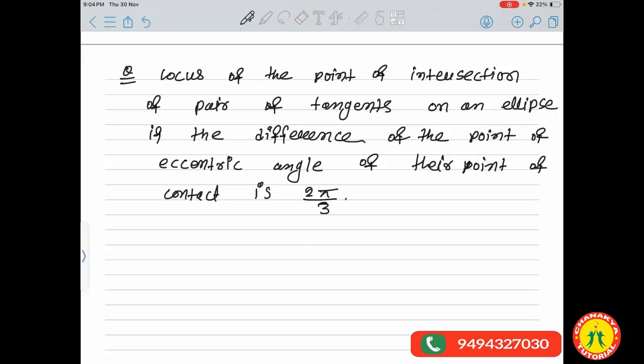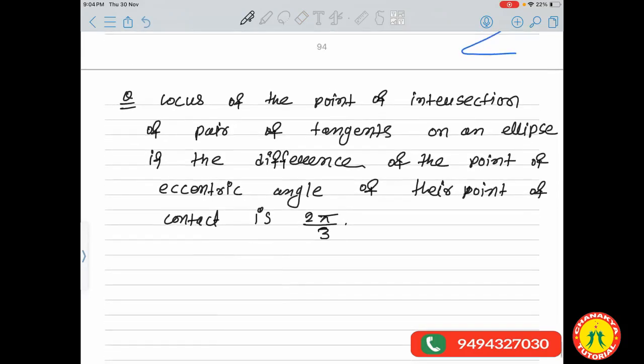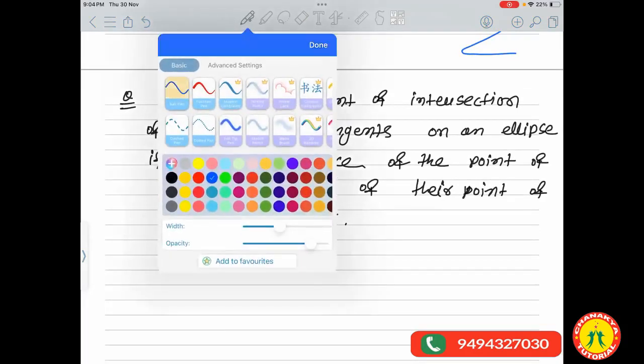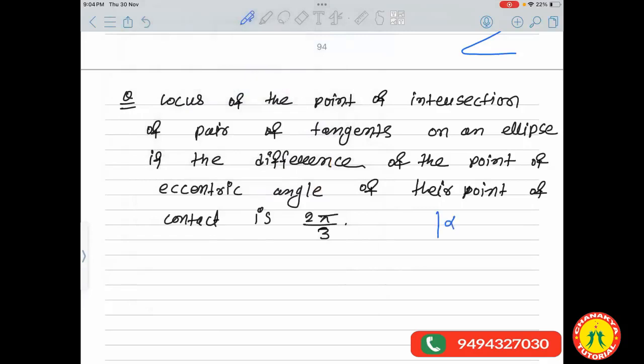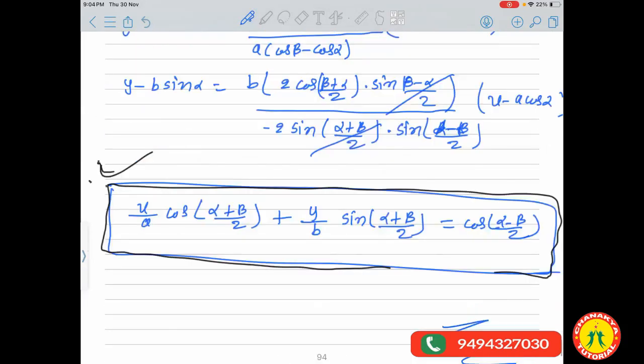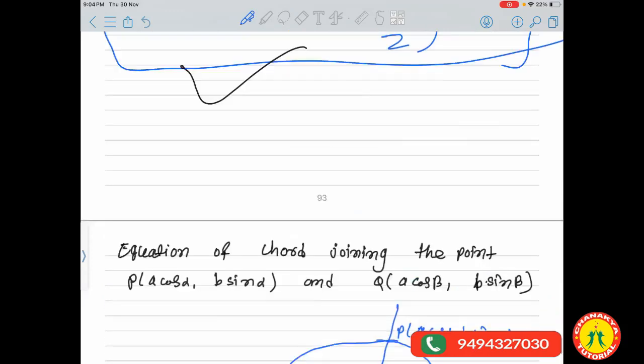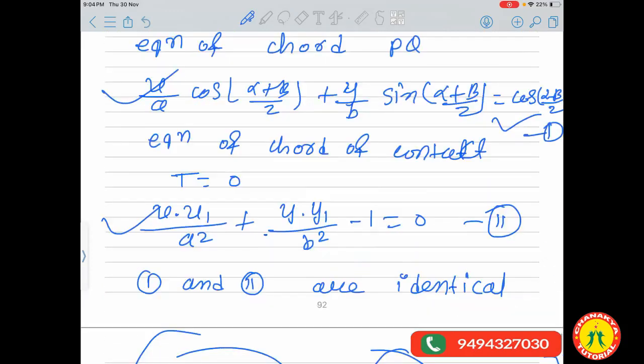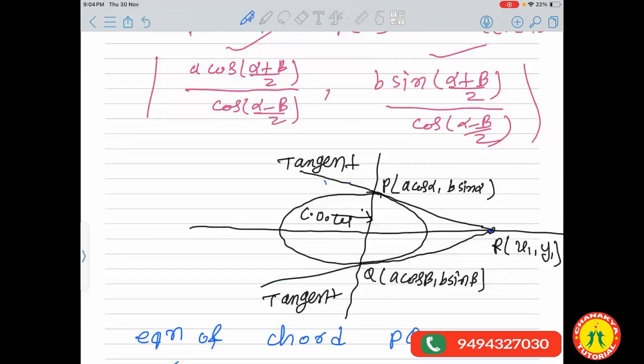What you have to find: locus of the point of intersection of a pair of tangents on an ellipse if the difference of the eccentric angles of their points of contact is 2 pi by 3. It means given mod of alpha minus beta equal to 2 pi by 3, right? You have to find the locus of the point of intersection of the pair of tangents. So this is a pair of tangents, like this. This is a pair of tangents from our point, right?